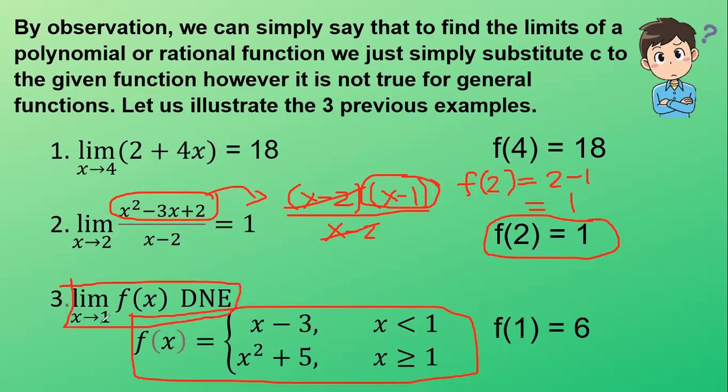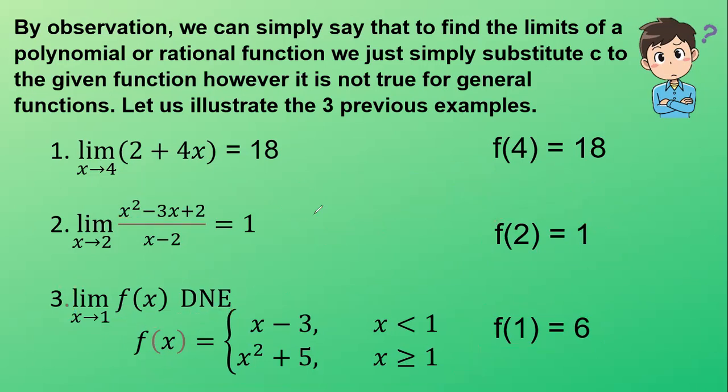Kapag sinubstitute natin basta yung 1 sa ating function, we will just get an answer of 6. So, that will be a wrong answer since ang sagot for this piecewise function is does not exist. Okay? So, kapag piecewise function, we have to evaluate the limit from both sides.